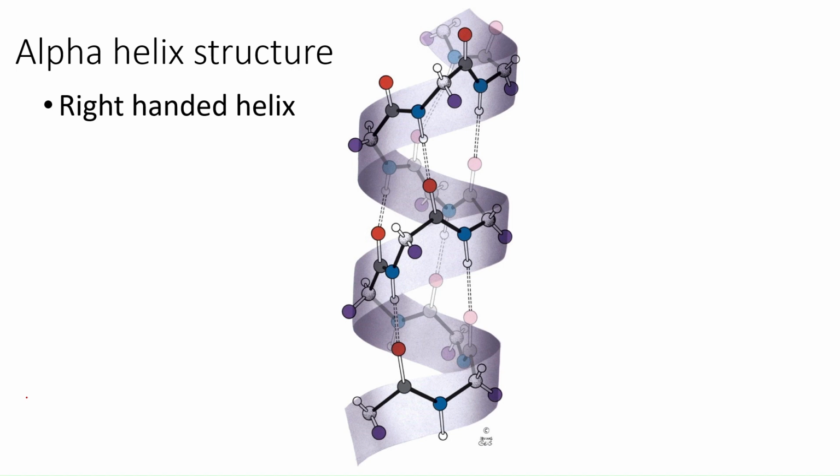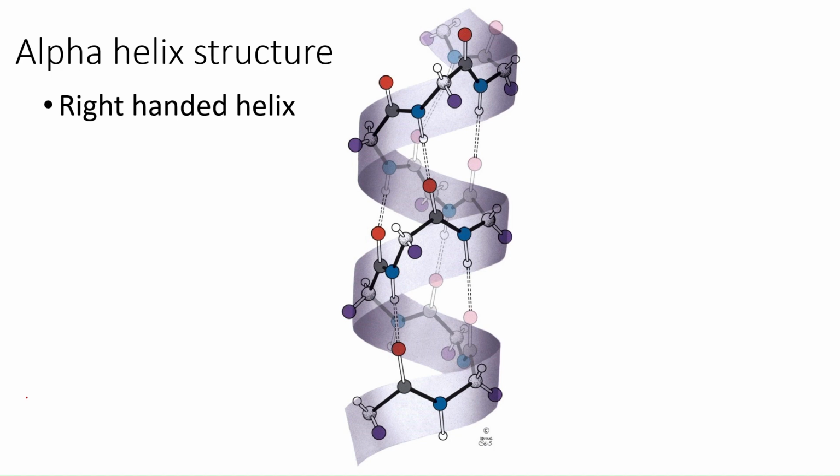What that means is, if you follow the backbone in the N to C direction, and you use the thumb on your right hand to point up towards the C, then the fingers of your right hand will curl around in the same direction as the helix. In this helix that we have shown here, we can see that the N to C direction is going up the helix as oriented with the screen.